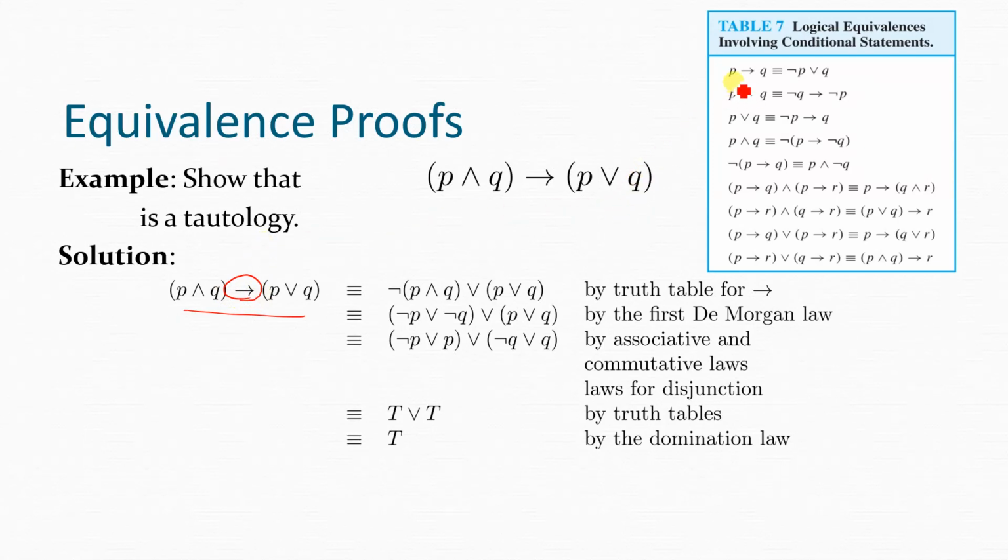For this, we have to use this equivalence relation. Now, P and Q implies P or Q means negation of the first proposition, that is negation of P and Q, or the second proposition P or Q.